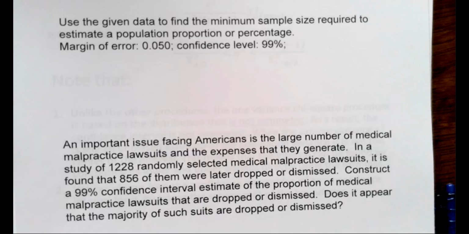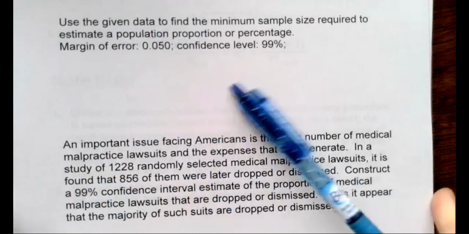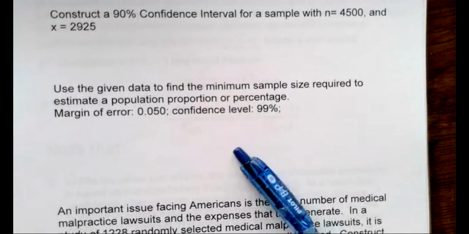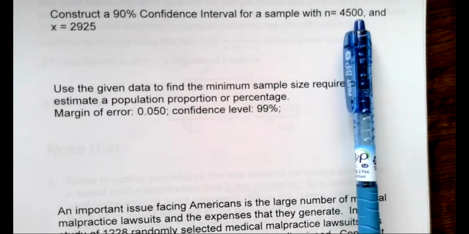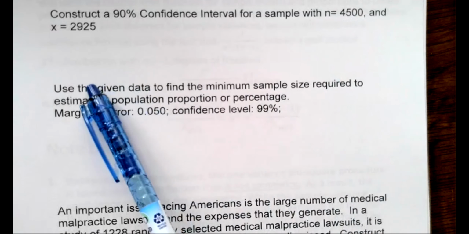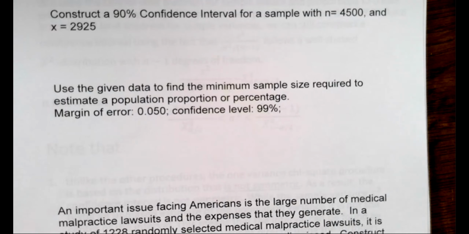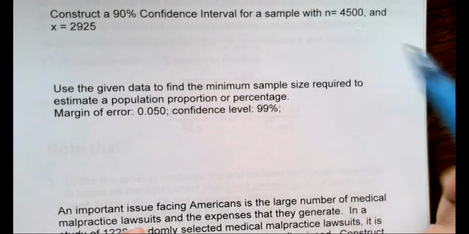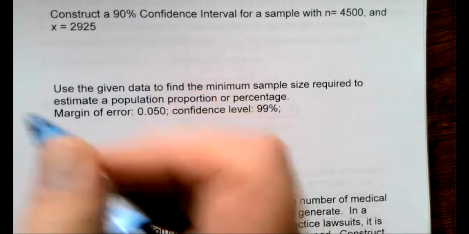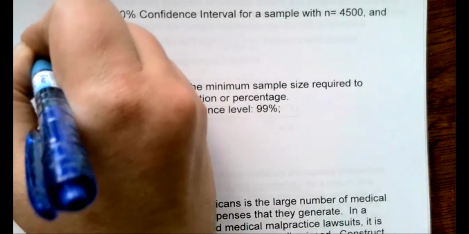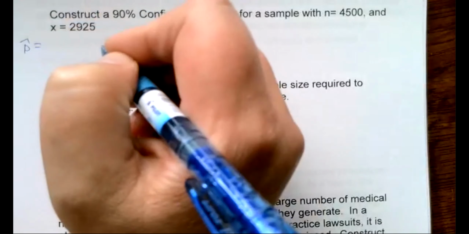Let's do one more example. It says construct a 90% confidence interval for a sample with n equals 4,500 and x equals 2925. So in this example, you're not given the sample proportion, but you're given the number of successes. So you're going to find the proportion of successes by dividing x by n.